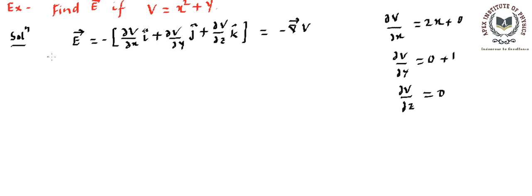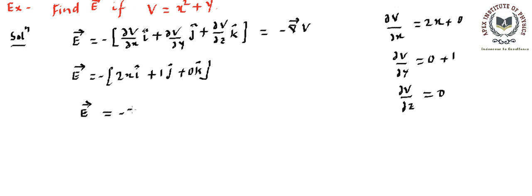Using these partial derivatives, this E will be equal to minus, first term will become 2x i cap, second term is 1, so 1 j cap, plus 0 k cap. So our answer, this E vector, is going to be equal to minus 2x i minus j.